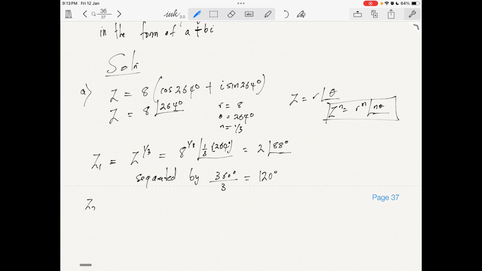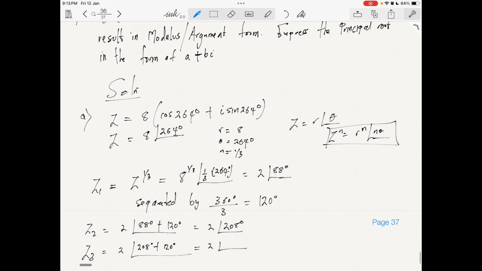So z2 is equal to 2 arg 88 degrees plus 120 degrees, and that will give us 2 arg 208 degrees. The third cube root is separated from the second by 120 degrees. That's 2 arg 208 degrees plus 120 degrees, which will give us 2 arg 328 degrees.